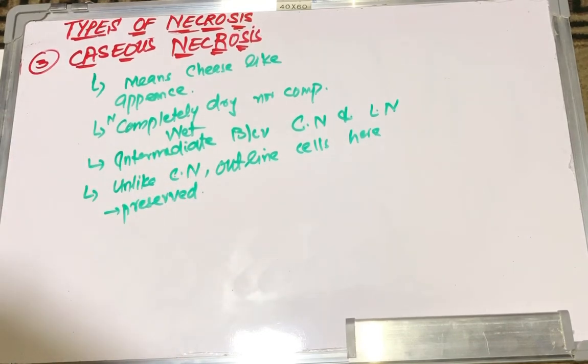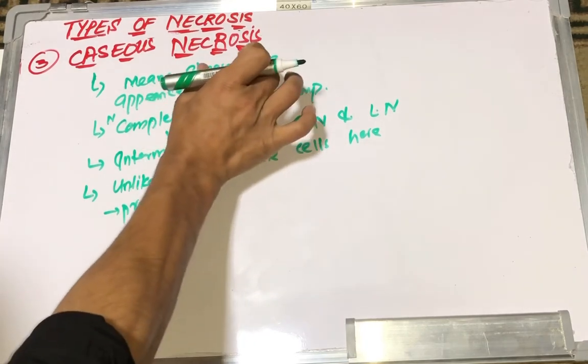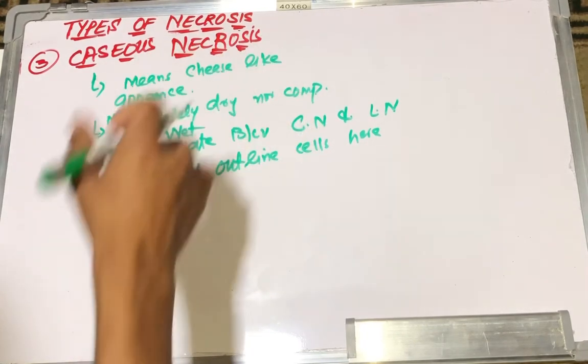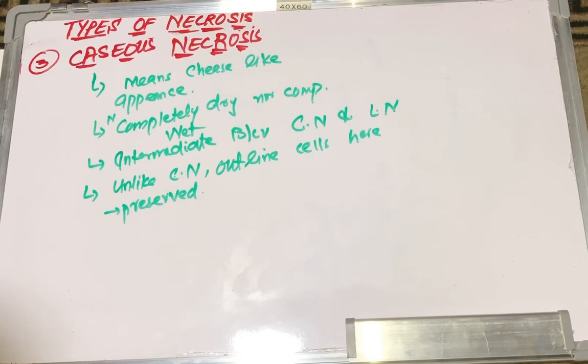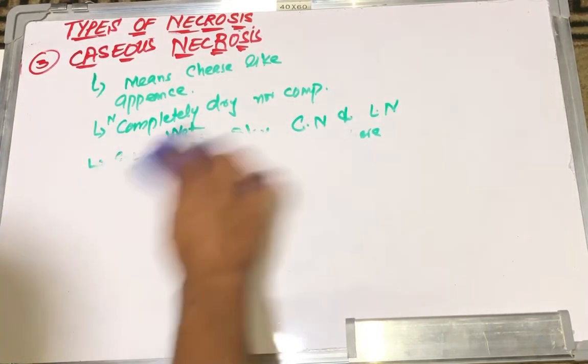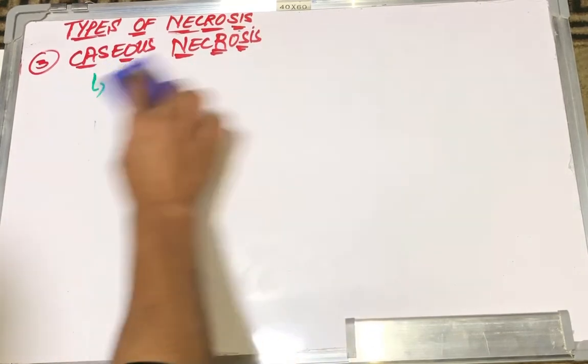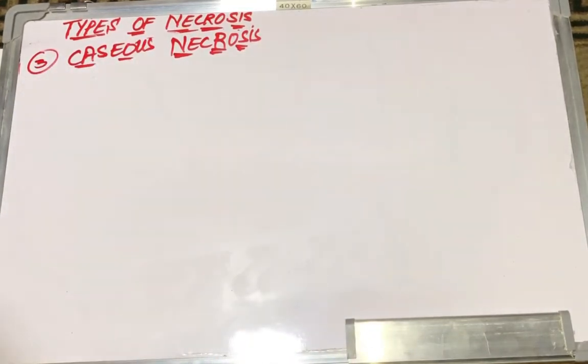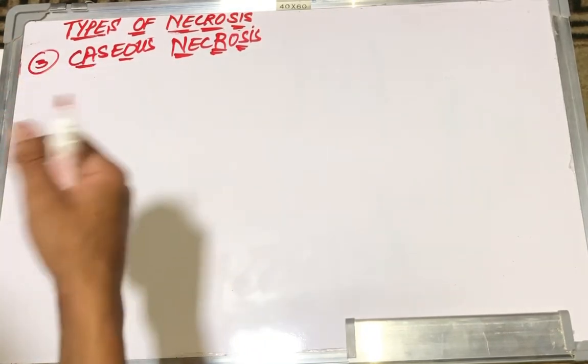What is caseous necrosis? It looks like a cheese appearance. It is not completely wet, not completely dry. It is intermediate between coagulative necrosis and liquefactive necrosis. And unlike coagulative necrosis, its outline of cells is also preserved.